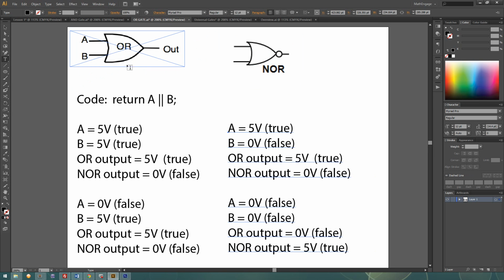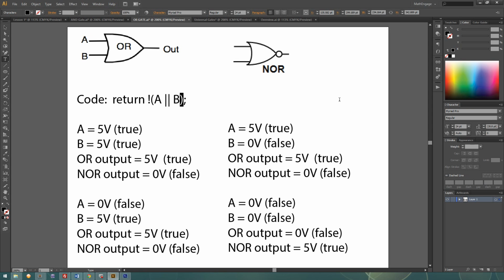Over to my left here, I have an OR gate, and over to my right, I have a NOR gate. Notice how the difference between the two gates, again, is this bubble right here. This bubble represents that the output is going to be flipped. So technically, I should have included this exclamation mark, which I don't know why I didn't. So this expression inside represents an OR gate, and then an exclamation point with two parentheses would represent a NOR gate.